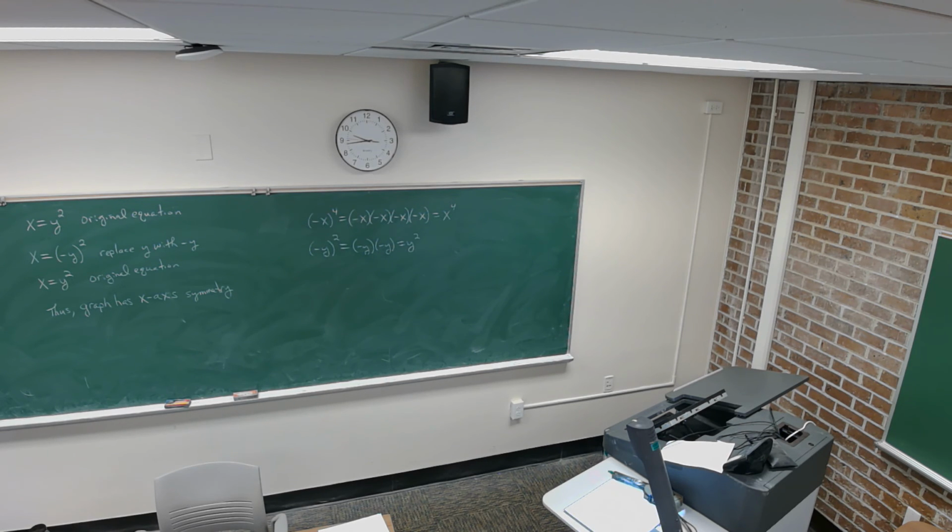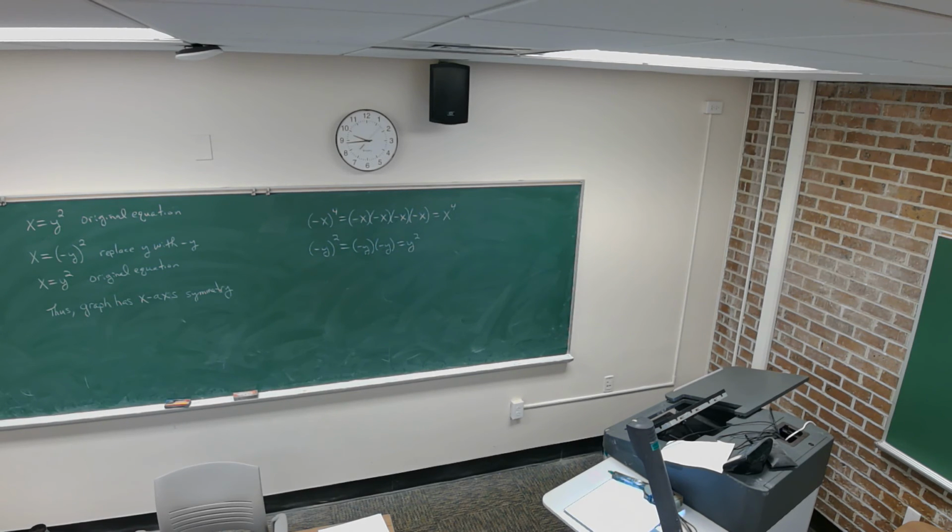The other characteristic of origin symmetry: given the graph, for any point on the graph, if you change the sign of both the x and the y coordinates, then that point is on the graph. So here's the point 2, 2.